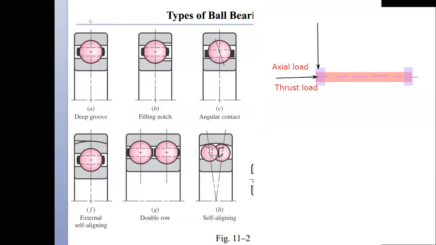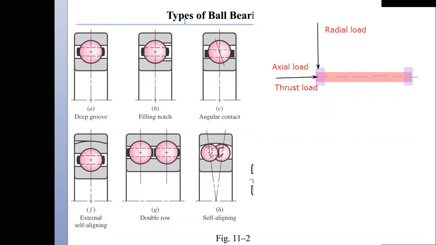So what will we call this load? We will call this radial load. So these are the two loads that a bearing would take. This radial load can be from any side, not only from the top, but from anywhere. Therefore we have these two loads that the bearing has to counter.